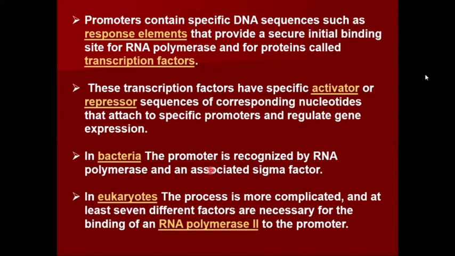In bacteria, the promoter is recognized by the RNA polymerase and an associated sigma factor. On the other hand, in eukaryotes, the process is more complicated, and at least 7 different factors are necessary for binding of an RNA polymerase 2 to the promoter region of the gene. Transcription factors. Okay?